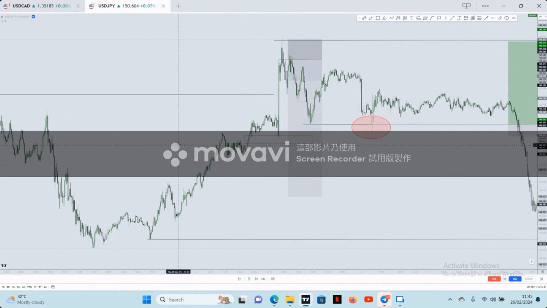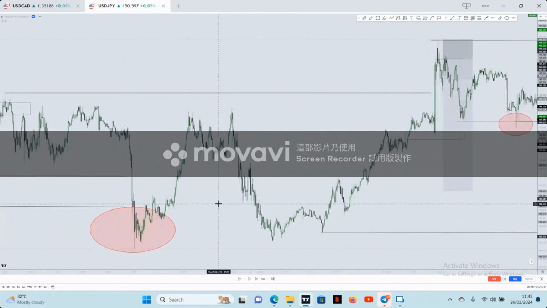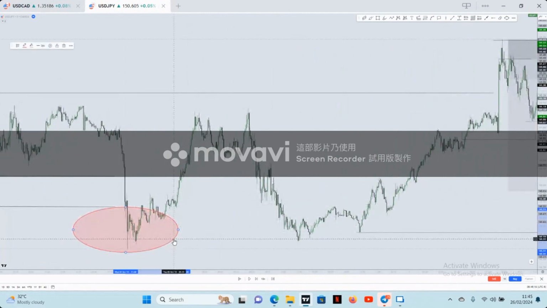Any other one? Yes. This one. I think this was the first one we had. High, low, high, structure shift. This will be our entry points.